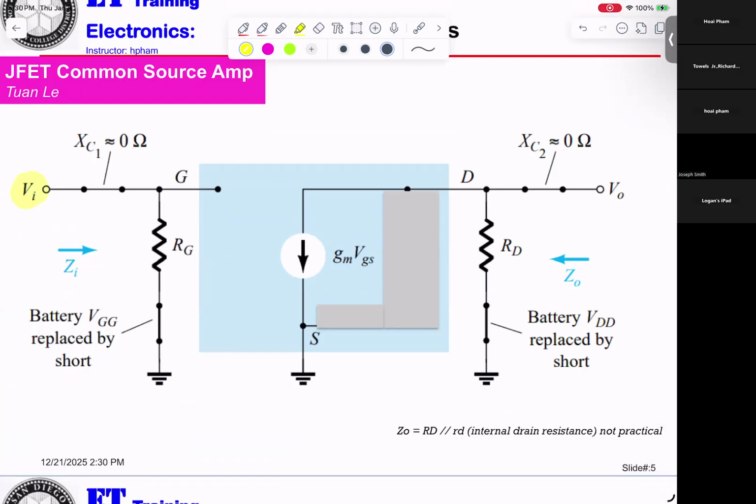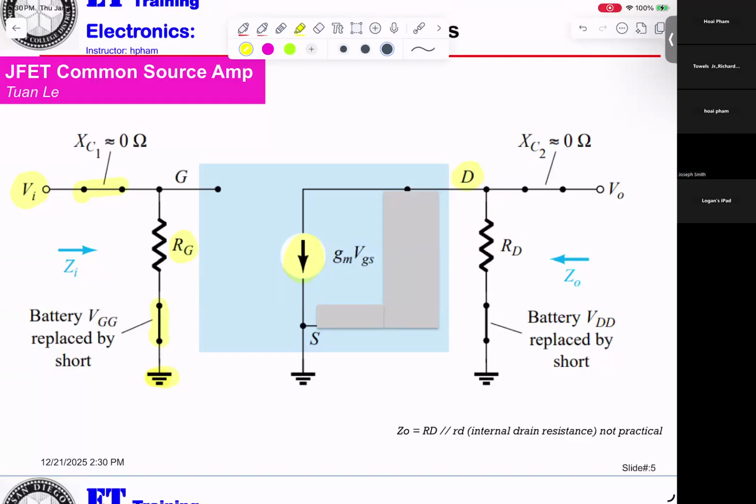And now you don't see the capacitors anymore; they are shorted. And you get RG. No more power supply; the power supply is shorted to the ground. And now you can see from the drain, they get only the current source going to the gate, and the value will be gm times VGS.